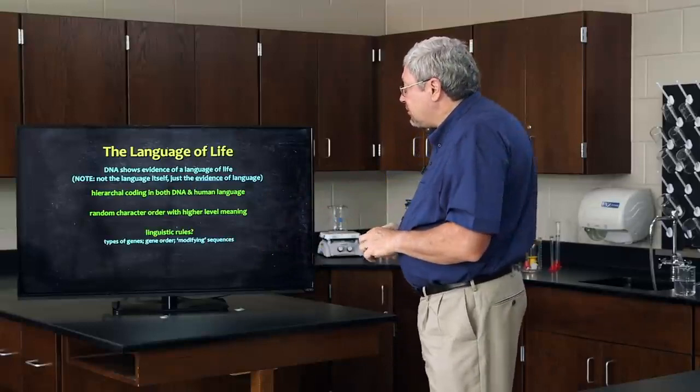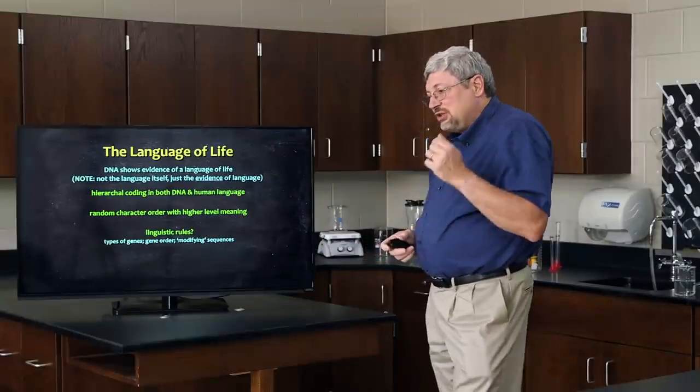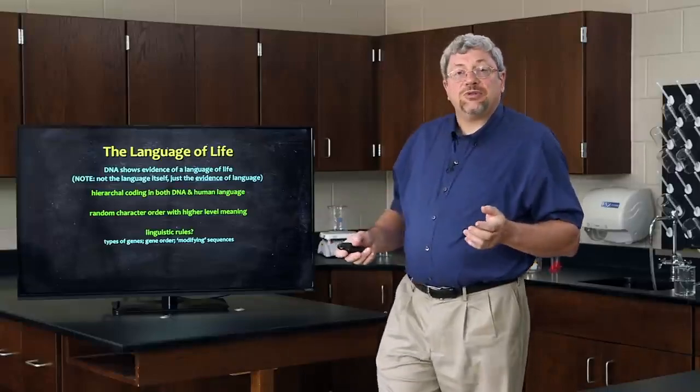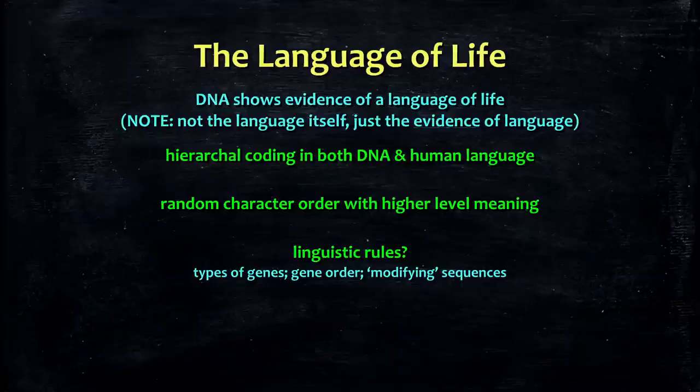A third characteristic of language, at least human language, is linguistic rules. We have words in the English language, and then we classify the words into categories. We have verbs and nouns and adjectives and adverbs. You have different kinds of words.